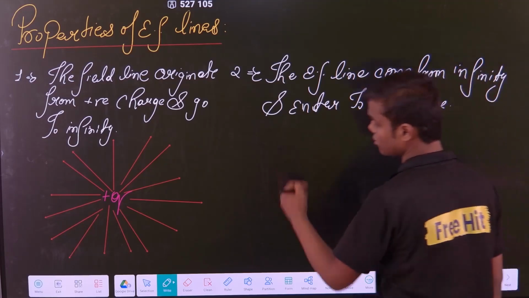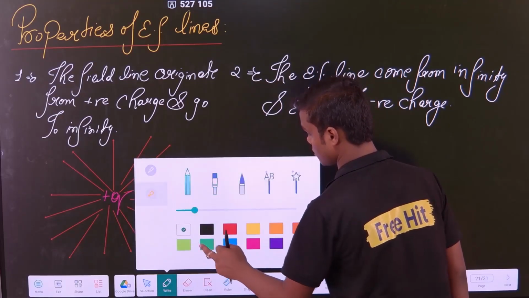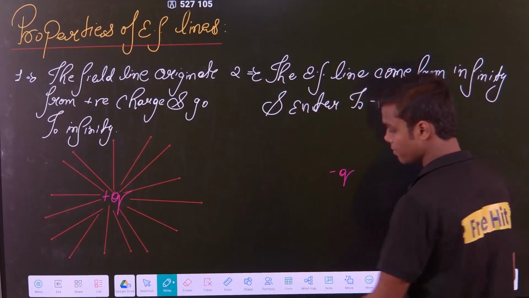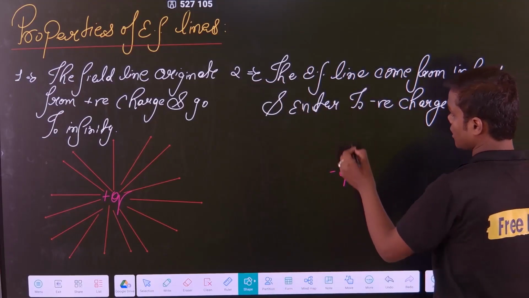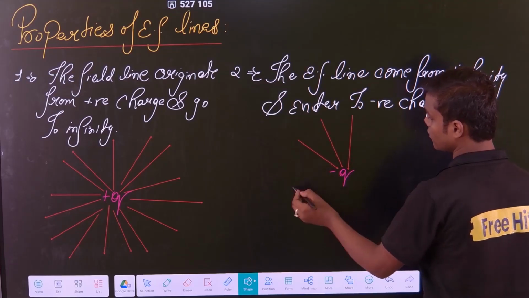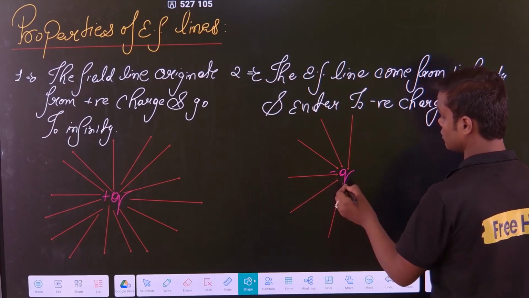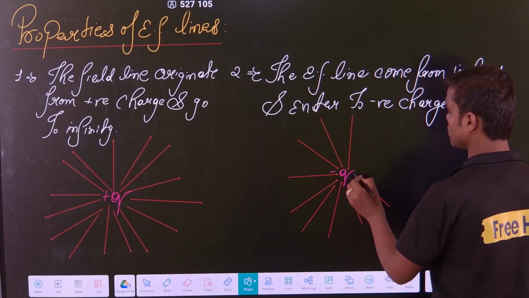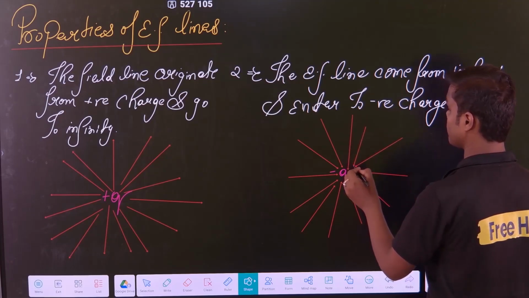What does this mean? Suppose I have a negative charge. It will come from infinity. Means the electric field lines will come from infinity and enter inside the negative charge. That is the direction. These are the electric field lines for the negative charge particle.